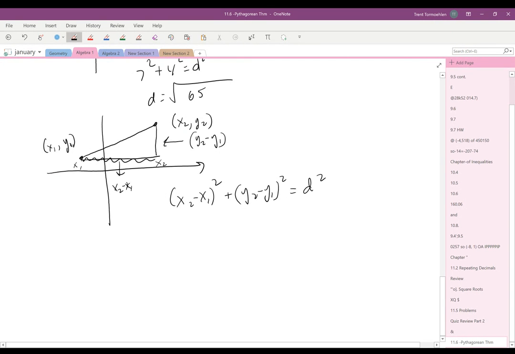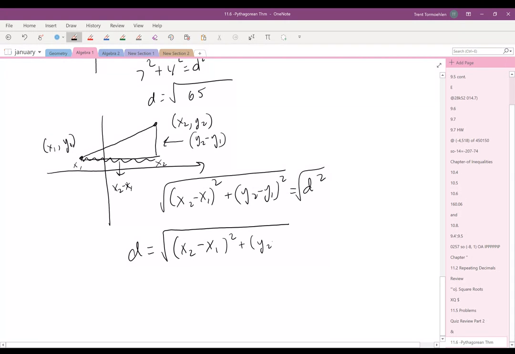That's just from the Pythagorean theorem. We take the square root of both sides and we get the distance formula. So the distance between 2 points x2, y2 and x1, y1 is the square root of the quantity x2 minus x1 squared plus y2 minus y1 squared.